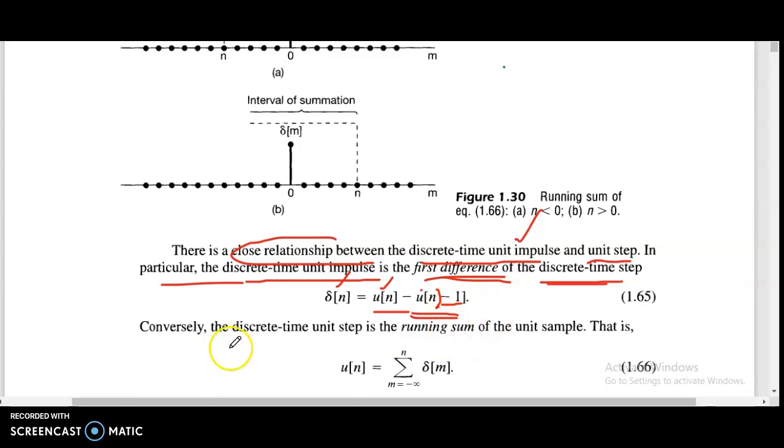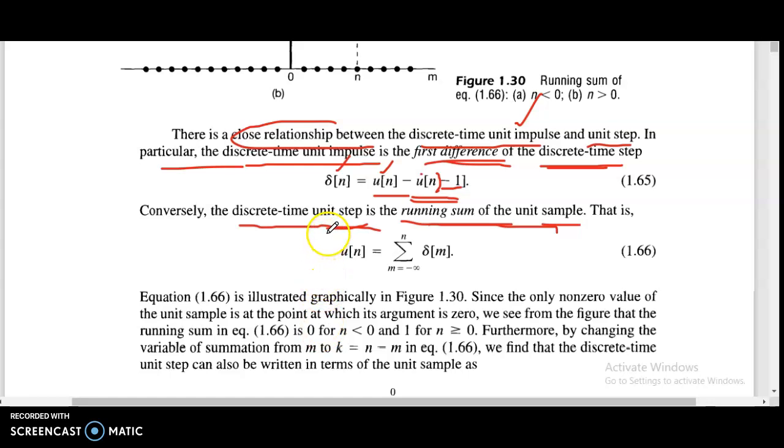Conversely, the discrete time unit step is the running sum of the unit sample. That is, u of n equal to the summation over m equal to minus infinity to n of del of m.